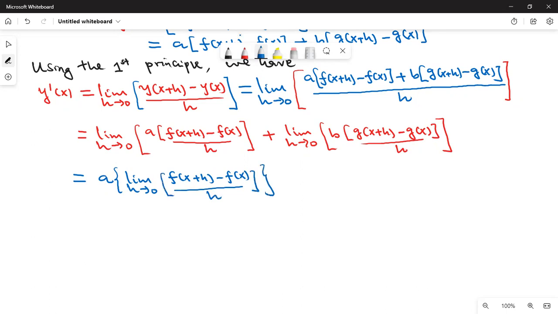So that's the first one. Here again you factor out b: b times the limit as h approaches 0 of g of x plus h minus g of x, everything over h.